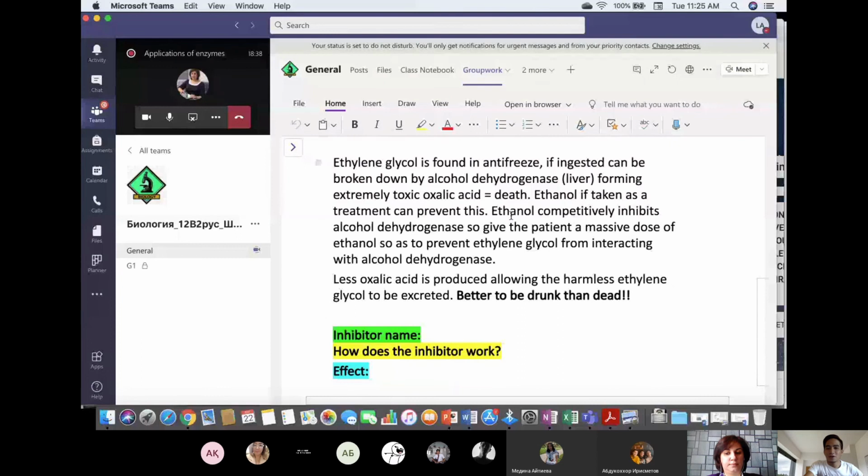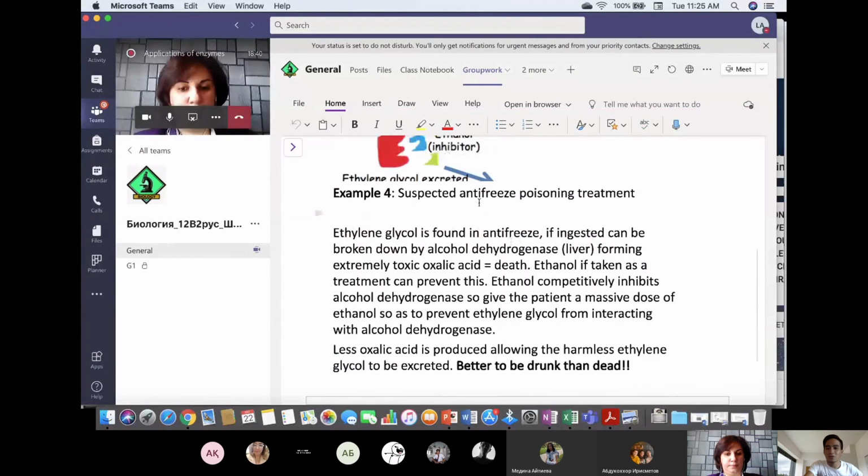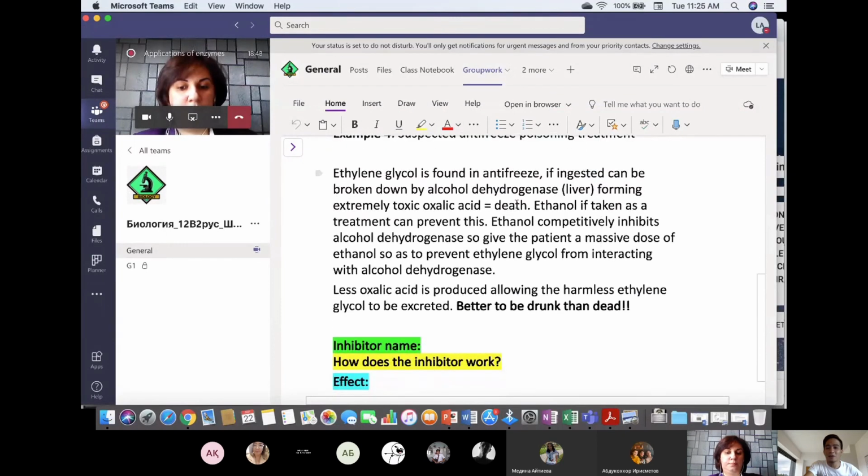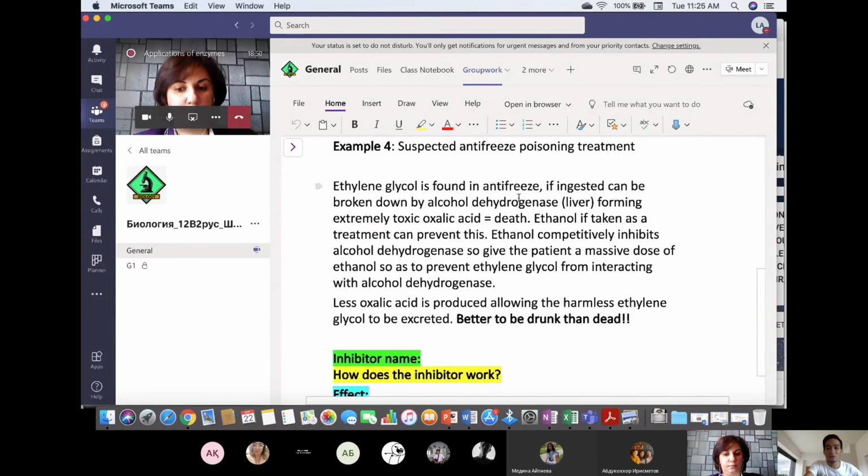Okay, so in this text, it's called suspected antifreeze poisoning treatment. It says here that ethylene glycol could be a potential poison and can be ingested accidentally. If this chemical is ingested, there is an enzyme in the cell, in the liver, that can convert it into oxalic acid. Oxalic acid can lead to death and permanent damage of the kidney.